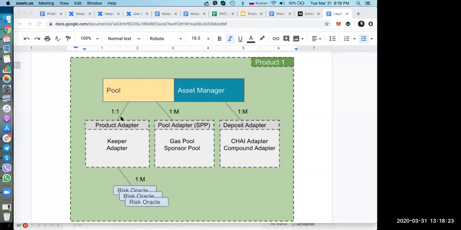The first type of adapter that we use is the product adapter, which contains the biggest part of the business logic. It's the keeper itself. That's a smart contract which is deployed to the blockchain, and this contract contains the settings defined by the community and approved by the DAO.